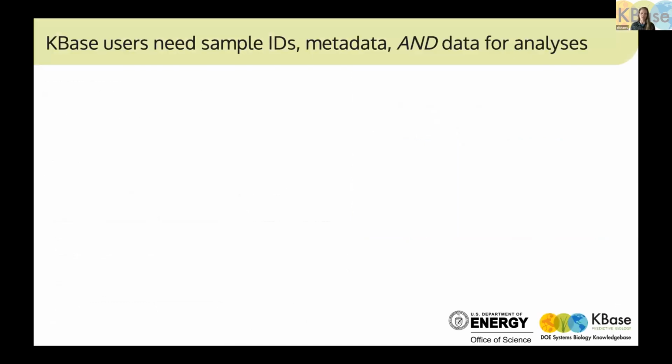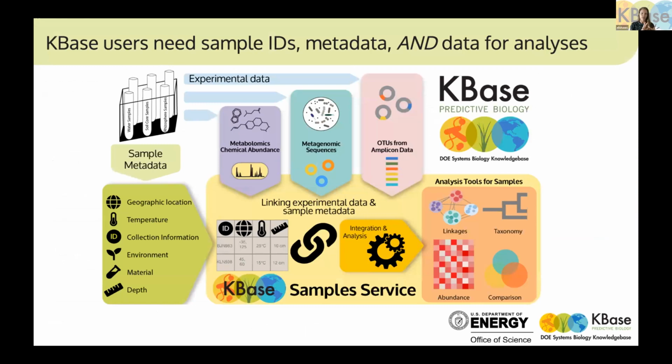And so KBase is really working with our users to understand how to combine things like sample identifiers, all of the rich metadata that comes in with those samples to describe the environment, such as temperature or materials that it was collected from, the depth, anything people put into their experimental design, and then combine it with the actual data that comes from those physical samples.